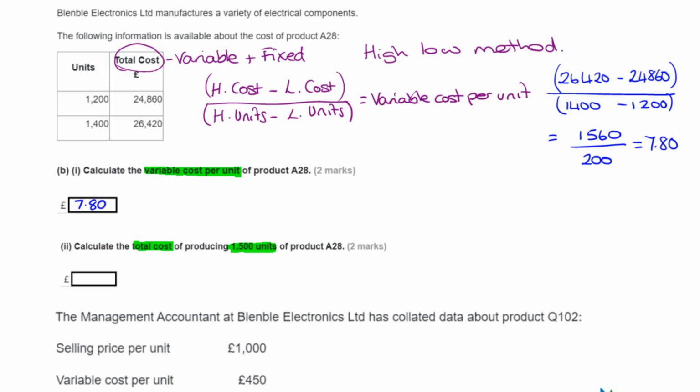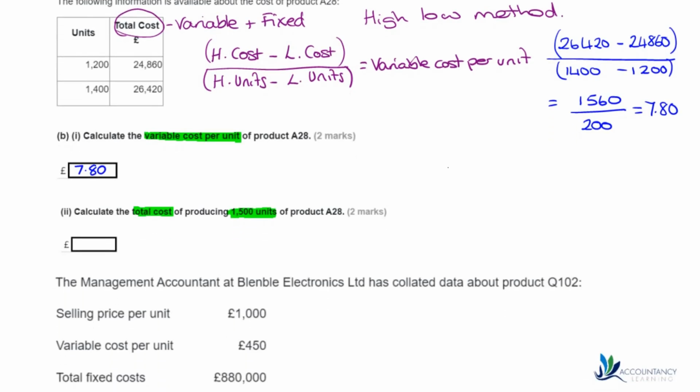So we can do that first of all by saying we know at 1,200 units we've got a variable cost of 7.80, and that is going to be a variable total of 9,360.